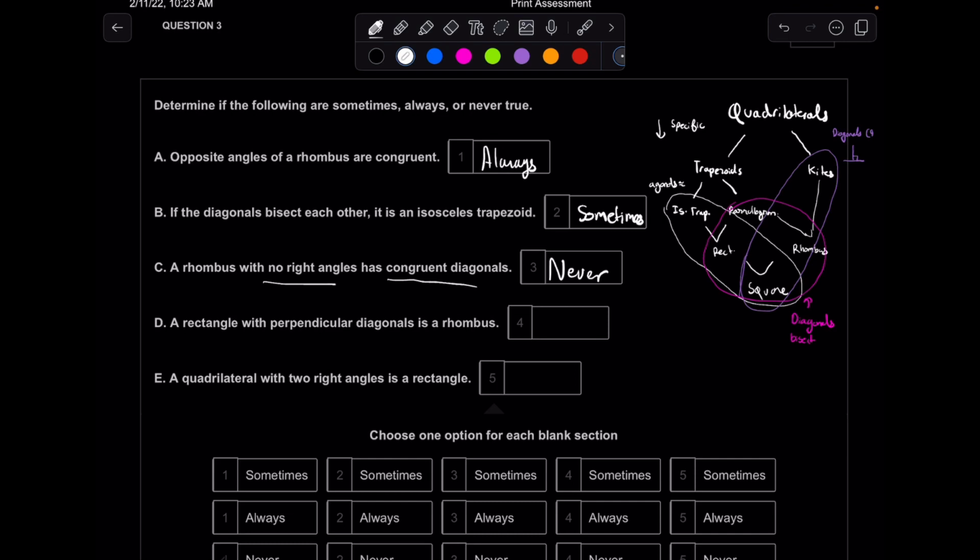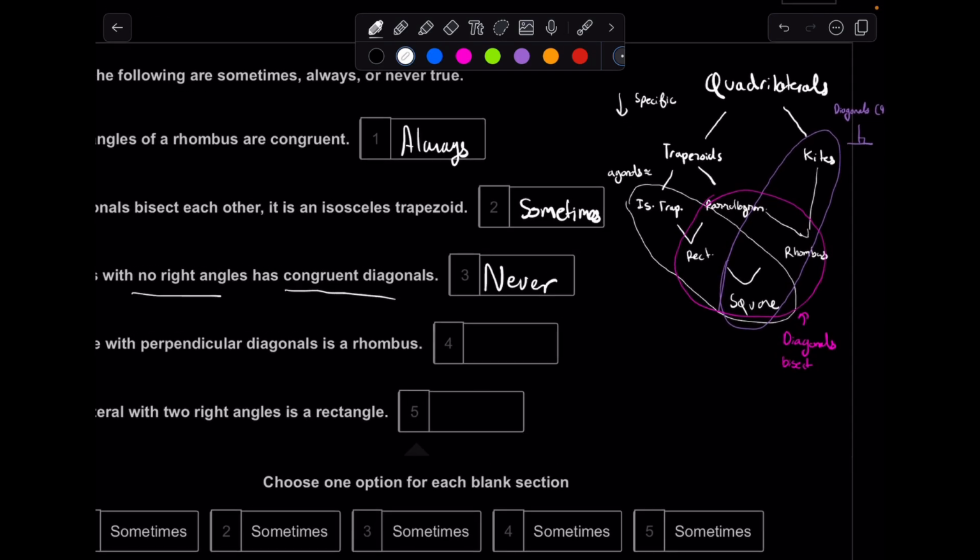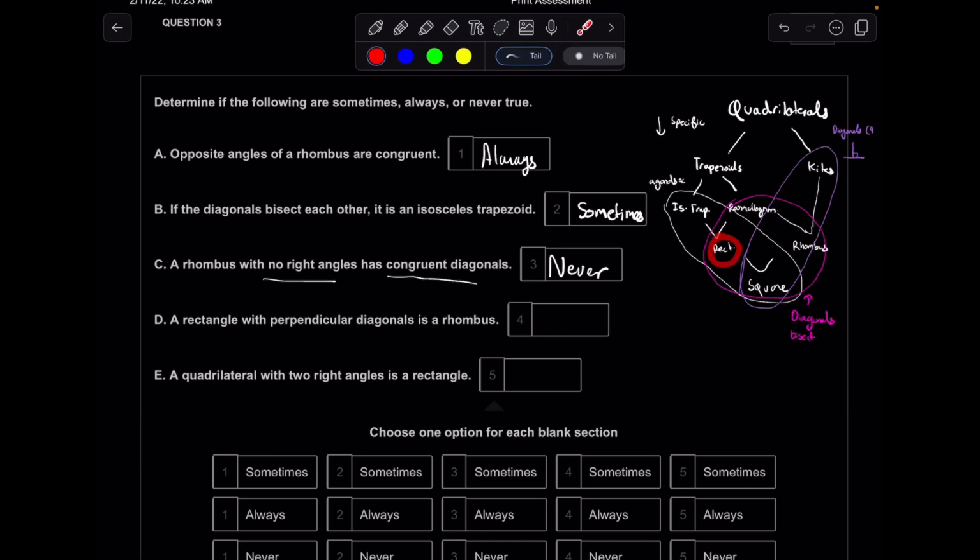A rectangle with perpendicular diagonals is a rhombus. Let's think about this, guys. Rectangle, look at it, right here, with perpendicular diagonals, right over here, is a rhombus. Well, when we think about this problem, a rectangle with perpendicular diagonals can be a rhombus, right?